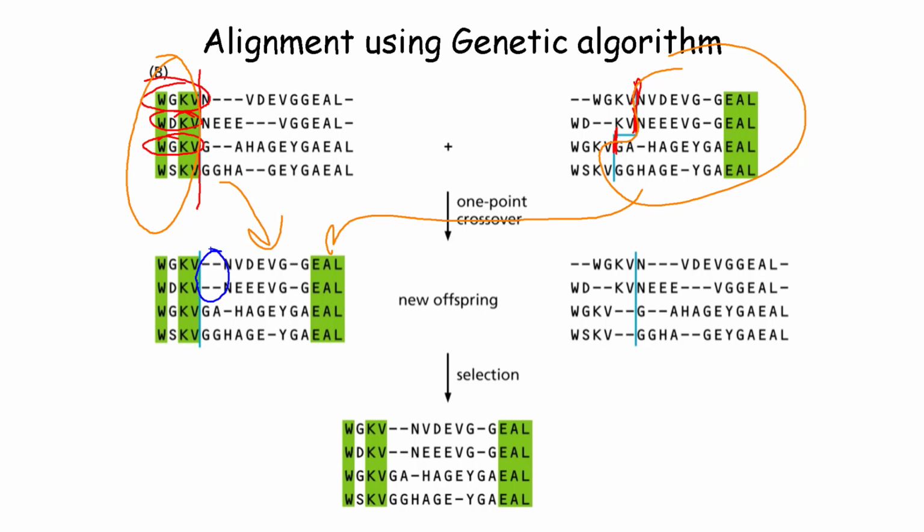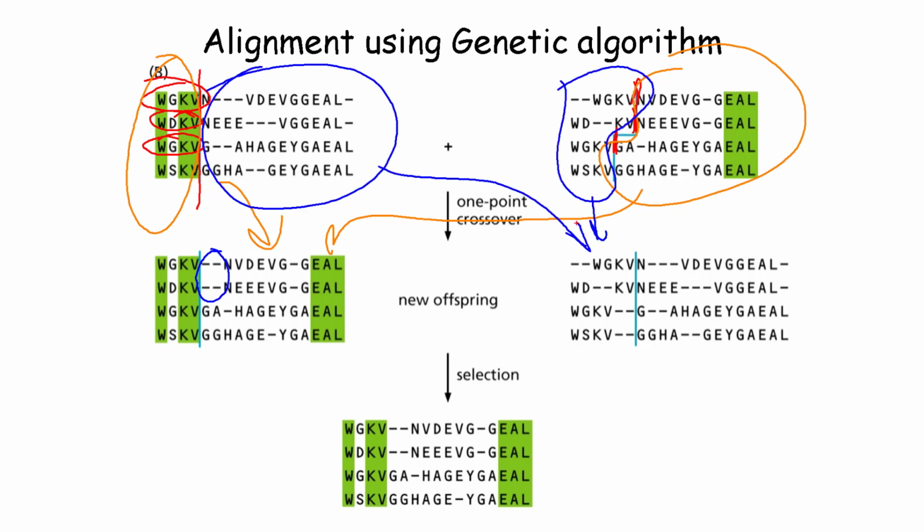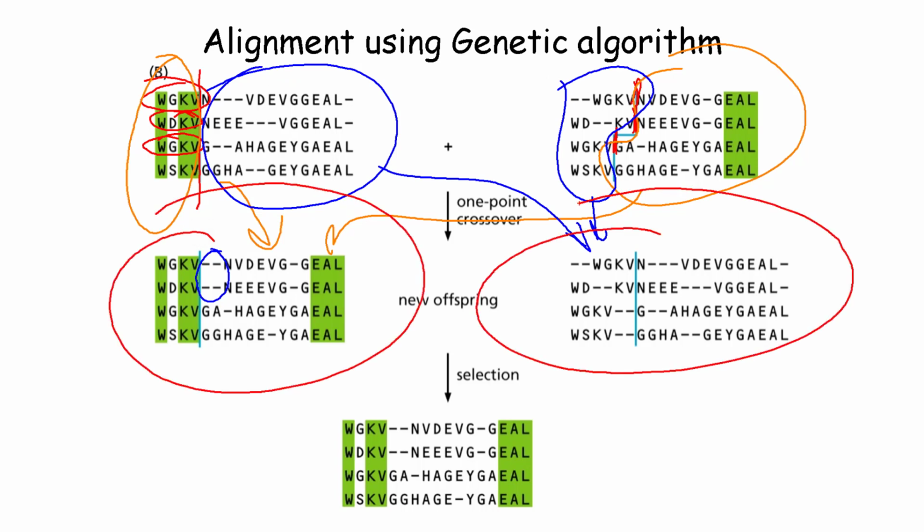Similarly, we create another offspring by combining the second part of the first parent and the first part of the second parent. We then calculate the alignment score of each offspring and keep the better of the two to carry on to the next generation.